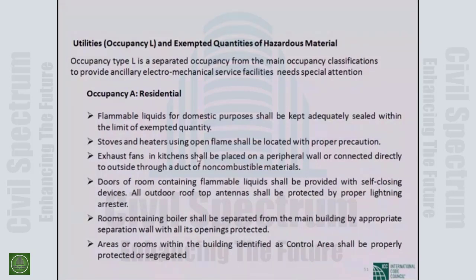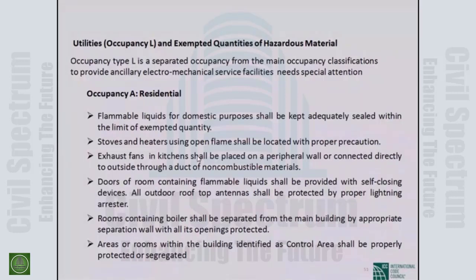Depending on these two, you can store this type of flammable liquids in your utility areas. Depending on your occupancy, you have different types of utility materials which you can store based on your exempted quantity.